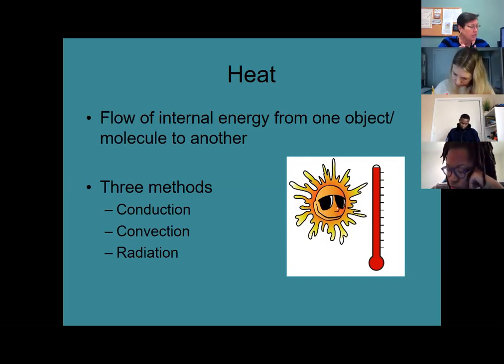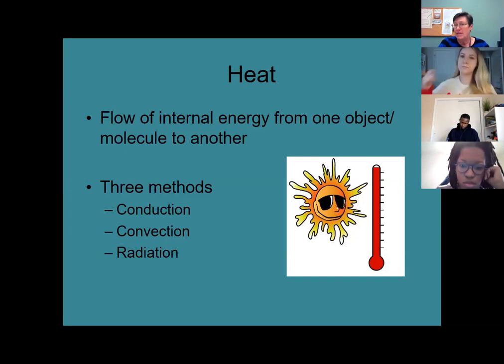So if an object has high kinetic energy of its molecules, then it will have a higher temperature. If it has lower kinetic energy in the molecules, then it will have a lower temperature. And again, the temperature can determine the state of matter, whether it's a solid, a liquid, or a gas.